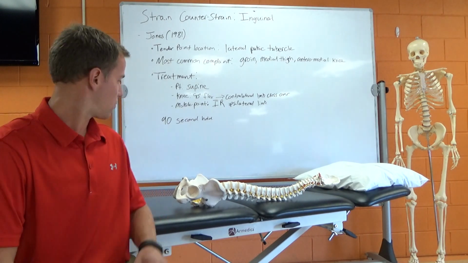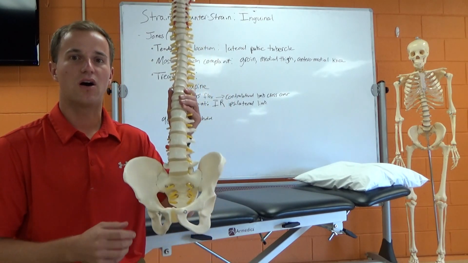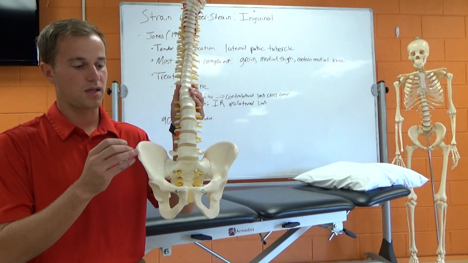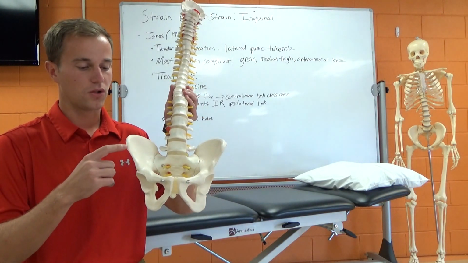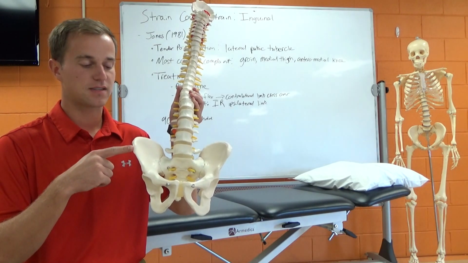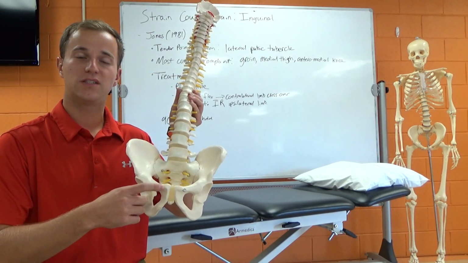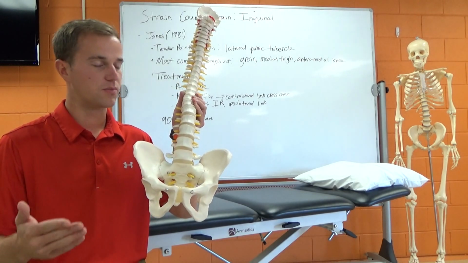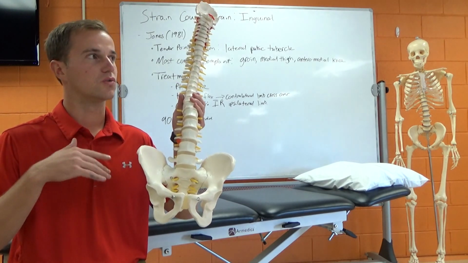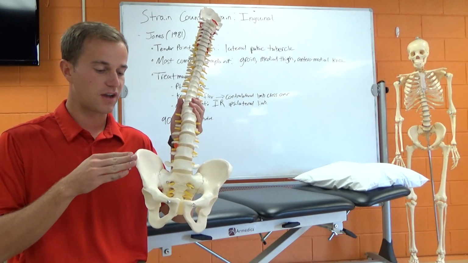The tender point for this will be on the inguinal region along the inguinal ligament that goes from the ASIS down to the pubic tubercle. During palpation, it is best to tell the patient what you're doing beforehand, since this is a highly sensitive area.